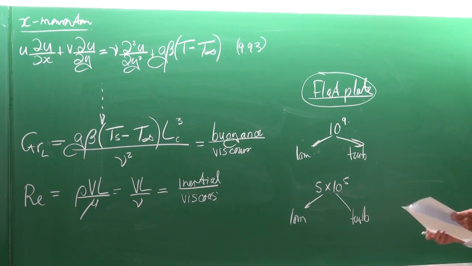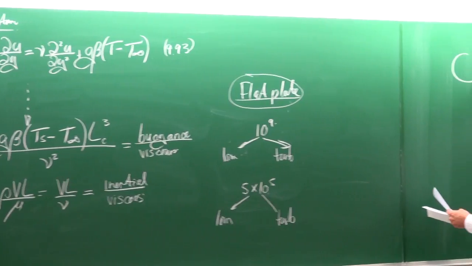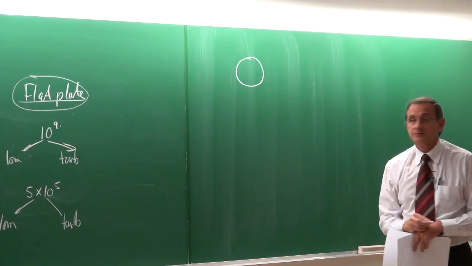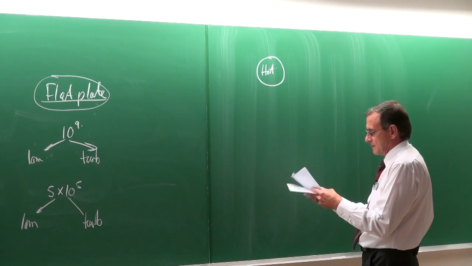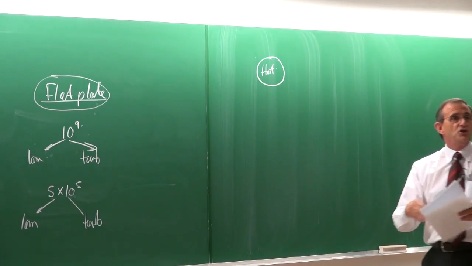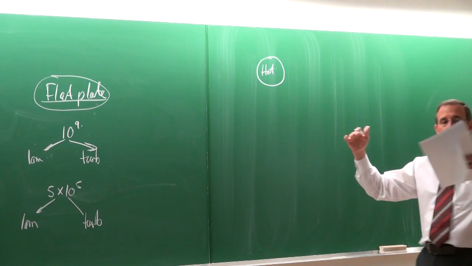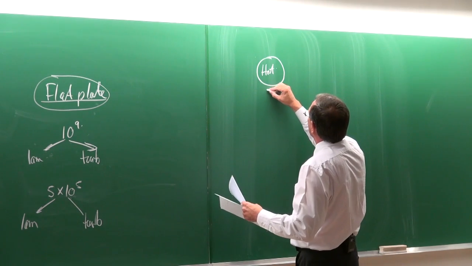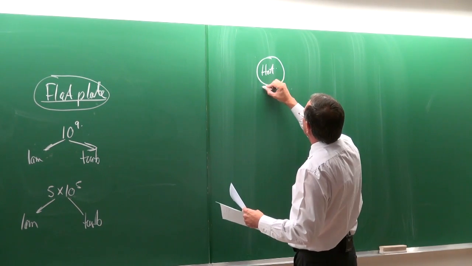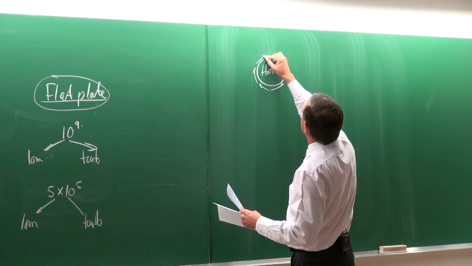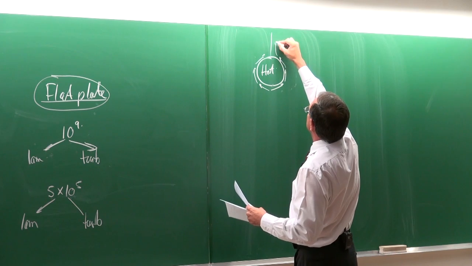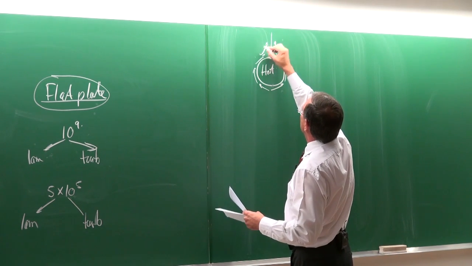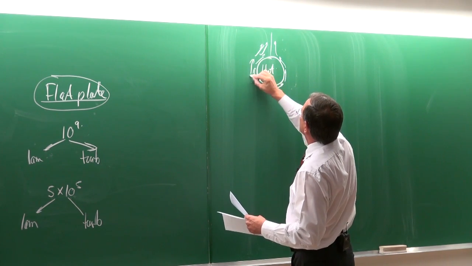Now look at the following interesting case. Let's suppose we have a cylinder and it's very hot. Very hot cylinder, and we just leave it in the air. What is now going to happen is we're going to have the buoyancy forces that develop around it, and it is going to develop a flow field like that.